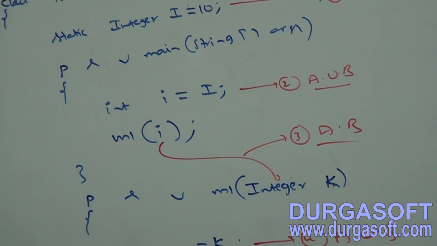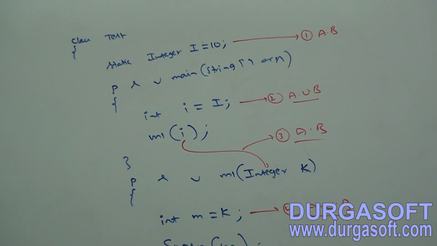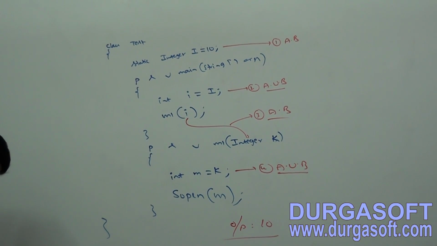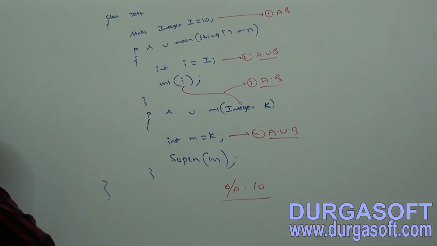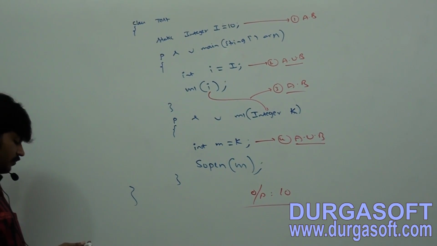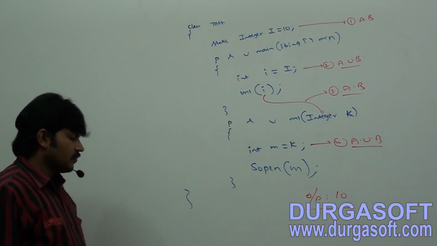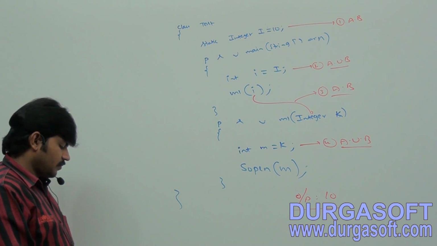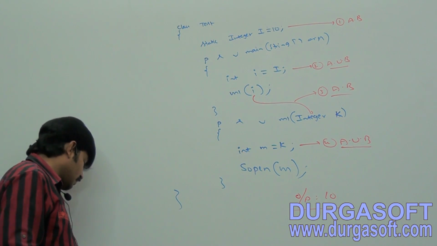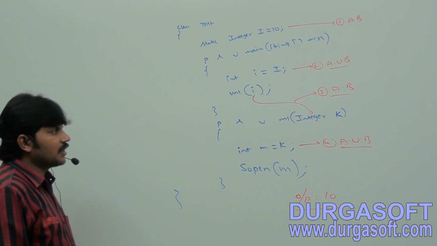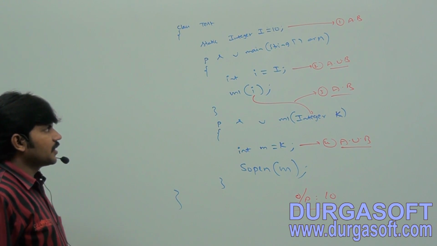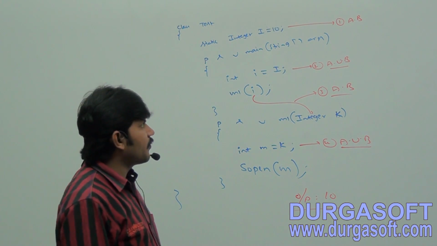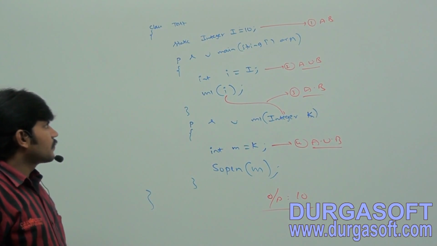Take this example first clearly, and note which conversion is happening. Static Integer I is equal to 10. In the place of object we are providing primitive: Autoboxing.